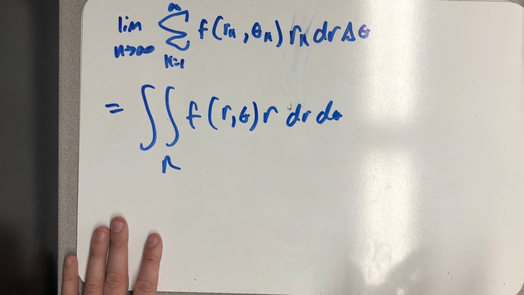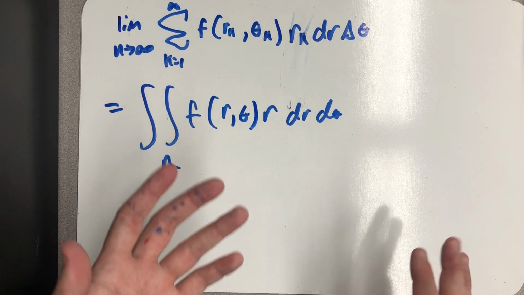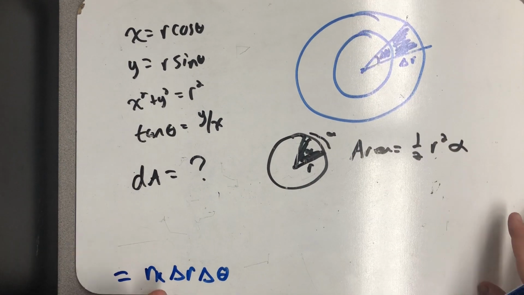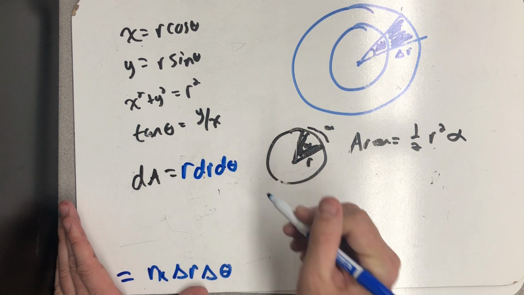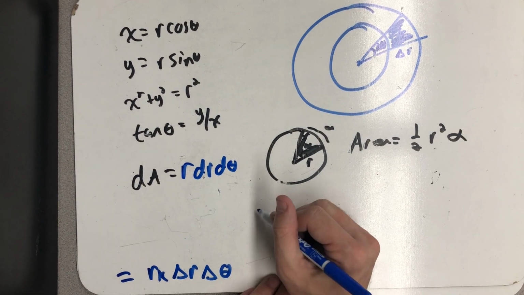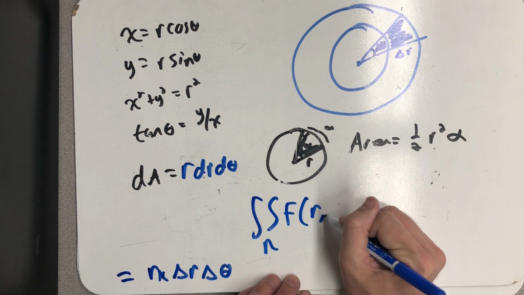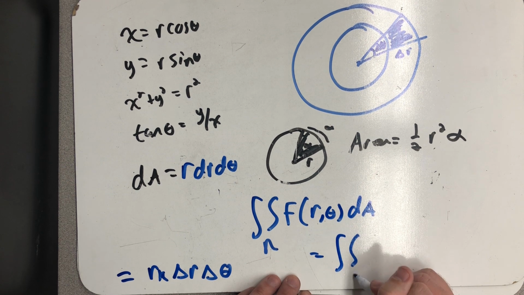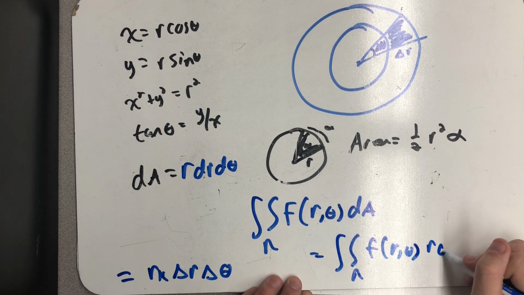So the dA becomes an r dr d theta. I'll have to multiply my function by r, and that lets me fill in the blank here. And that will let me evaluate a polar double integral as an iterated integral. I'll just need to remember to bring in a factor of r.